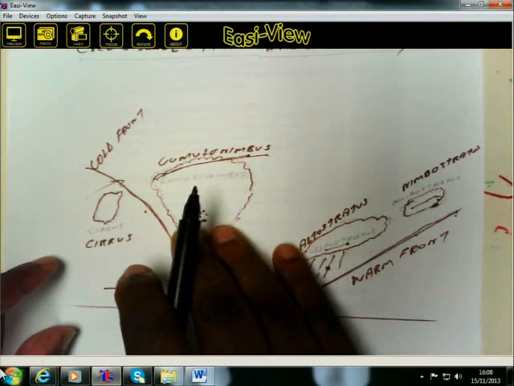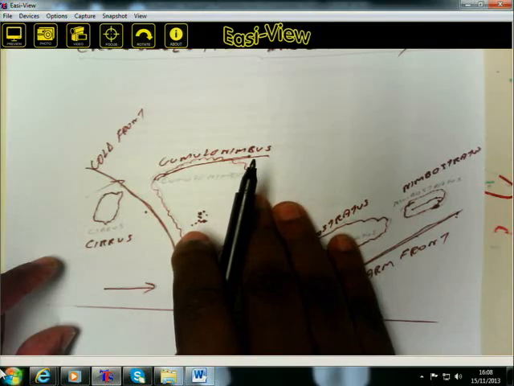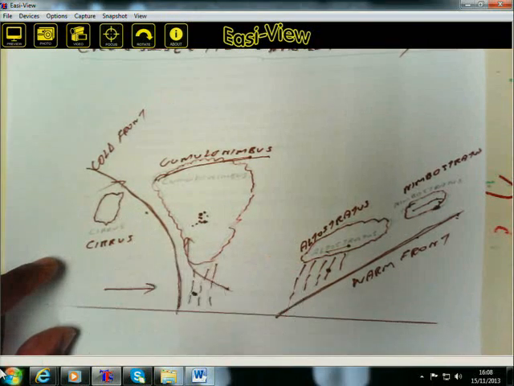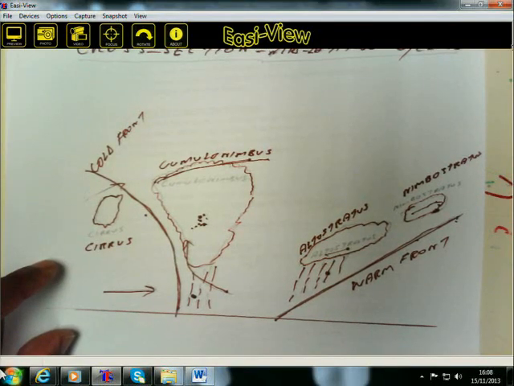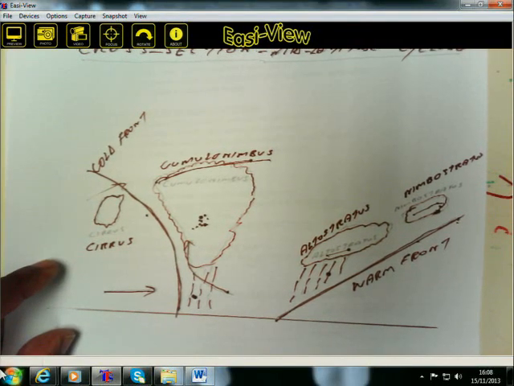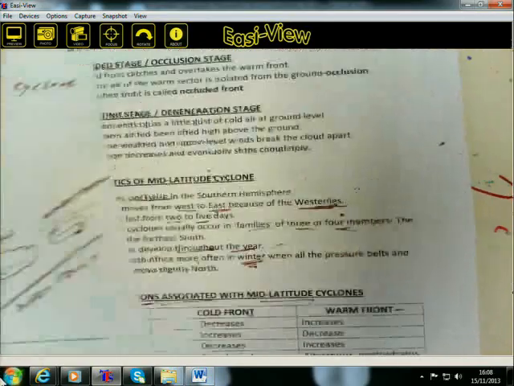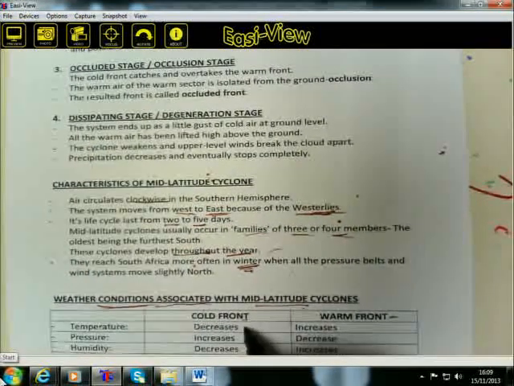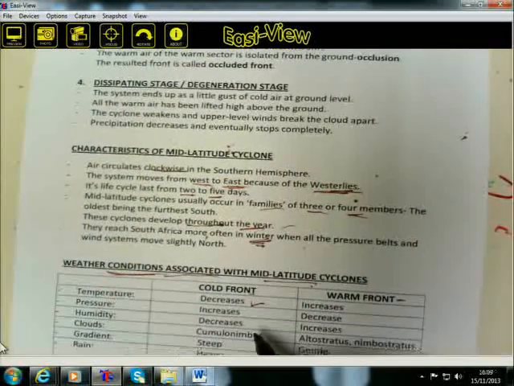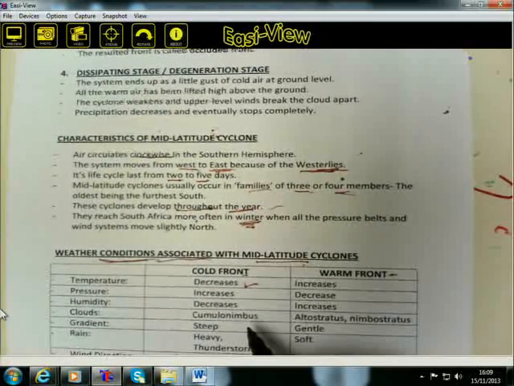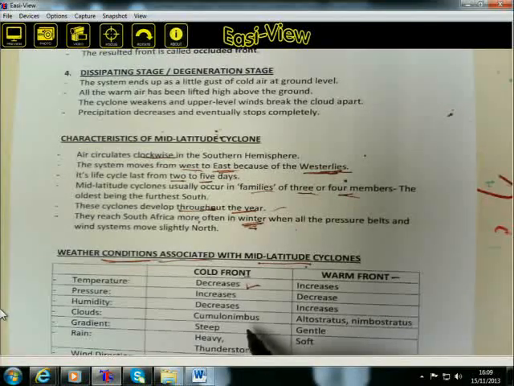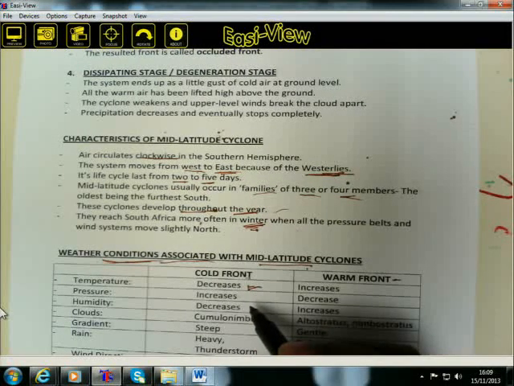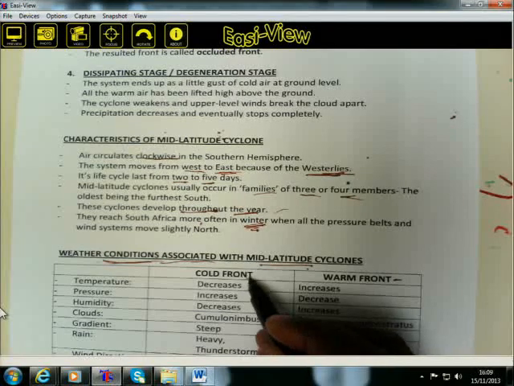In front of the cold front, the temperatures are low. But when the cold front approaches, it comes with the cold conditions, hence the name cold front. So we are saying the temperature will decrease as the cold front passes over. It will become very cold because the cold front is approaching.